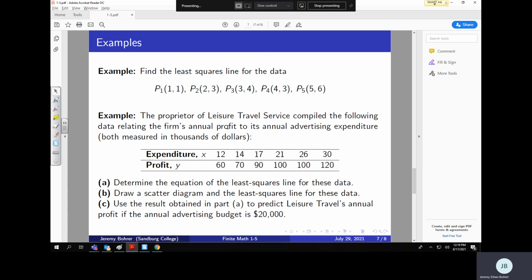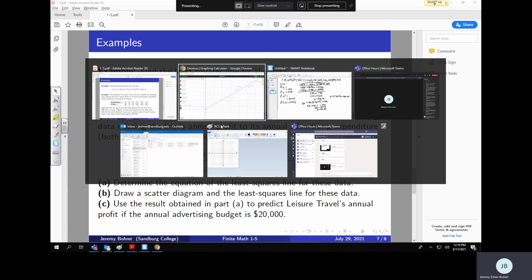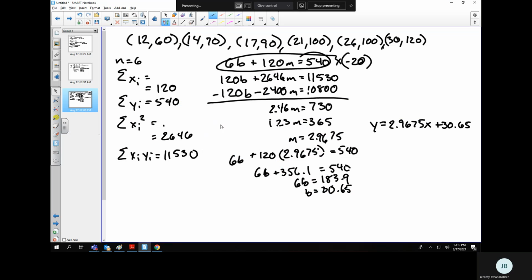Okay, so we want to take our equation, and we're just going to set x equal to 20,000 and see what we get. I'm just going to move it to the next page.